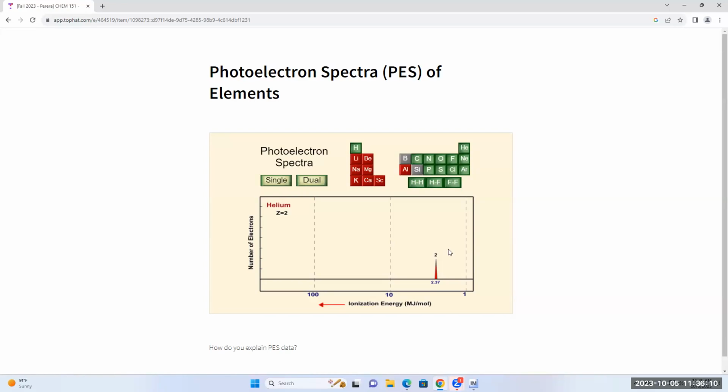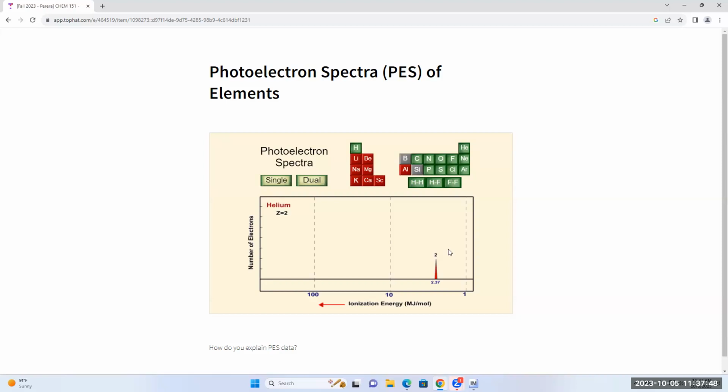Now, what about lithium? Can you draw the lithium photoelectron spectrum on your whiteboards? What do you expect to see? By the way, you might be asked to draw photoelectron spectra of elements. Beautiful. So when you go from helium to lithium, how many peaks do you expect?